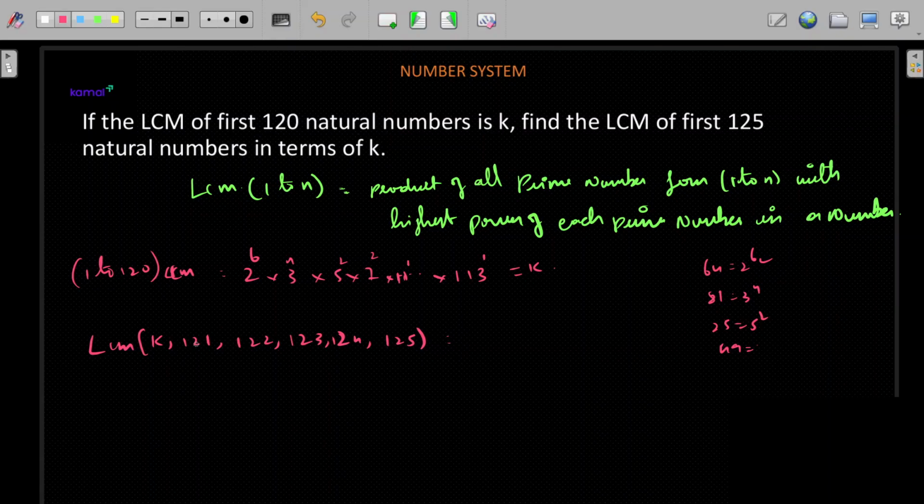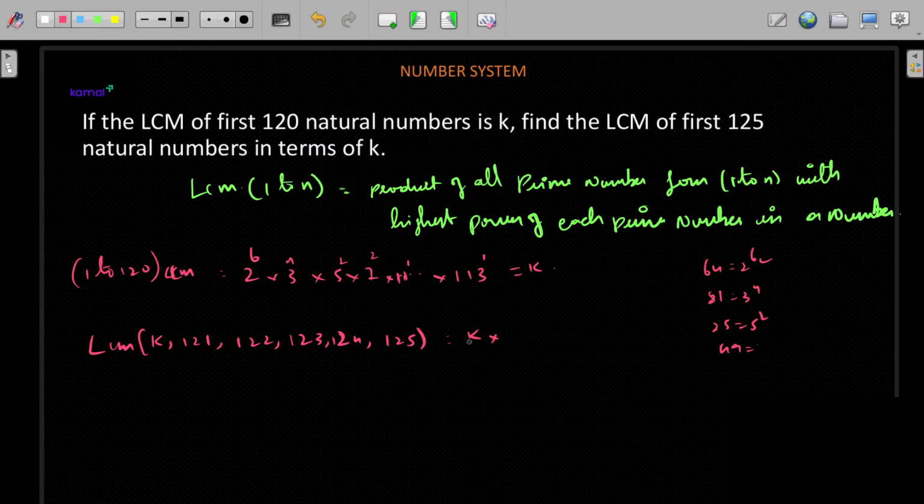So the LCM is from k, which already has some numbers. Some powers are not there in k. So this LCM is nothing but k into the prime powers that do not exist in k. That's my LCM.